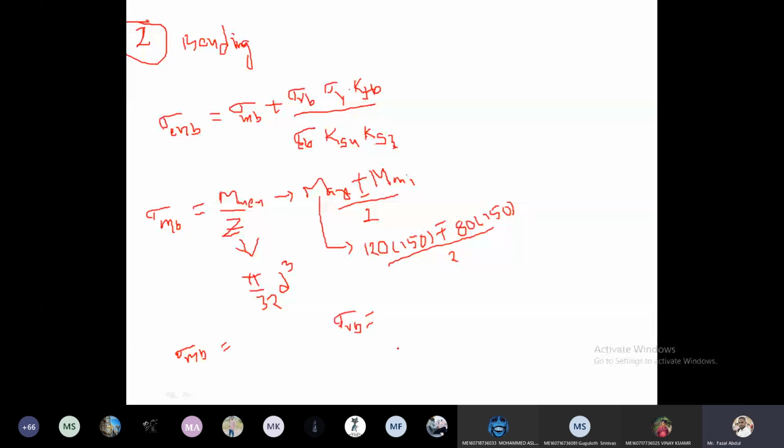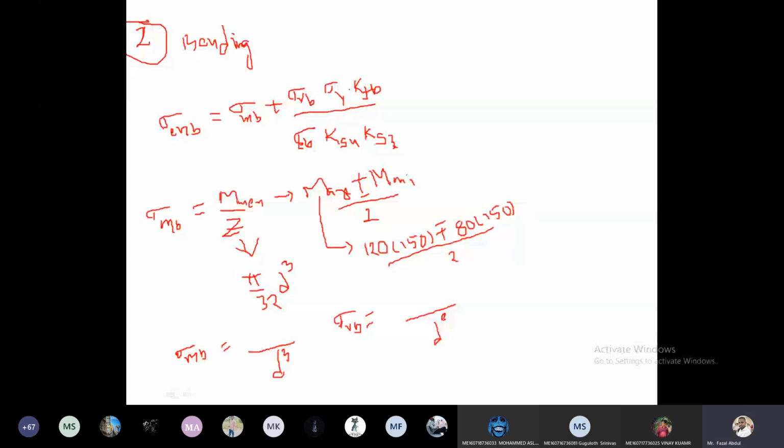What is mean bending, and what is variable bending? The answer will come in terms of d cube.